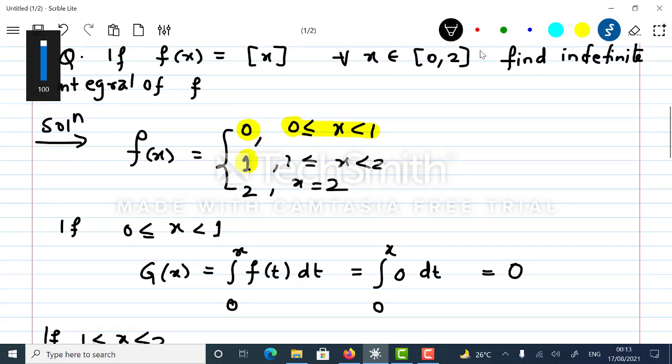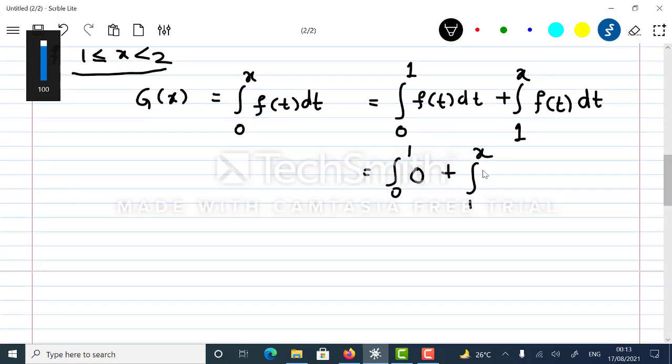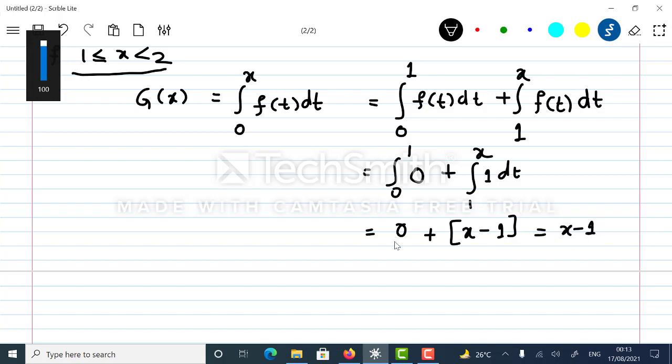So I should write down 1 times dt. If I integrate this, it will be t, and t will be replaced by x minus 1. So the answer is x minus 1.